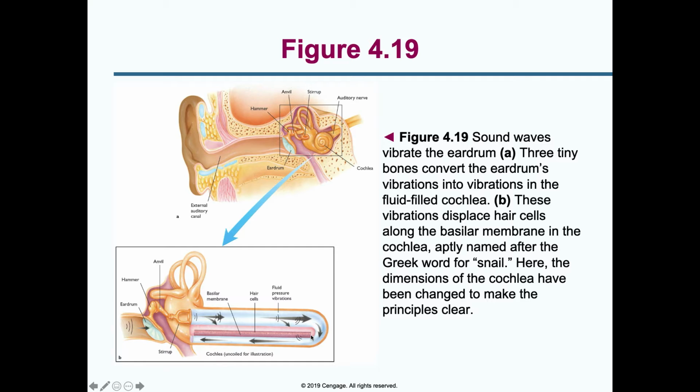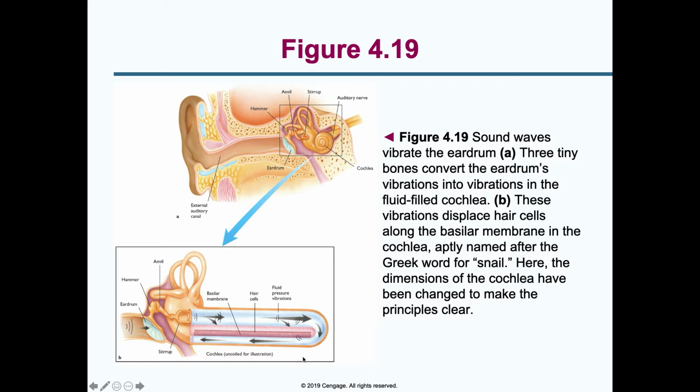So if you think about it, the vibrations are really strong at the beginning, and then they get weaker as we go along the uncoiled cochlea here, as you see it. What that means is we have the highest frequency in the early stages of the vibrations going in, and then as it gets further down, they weaken a little bit.